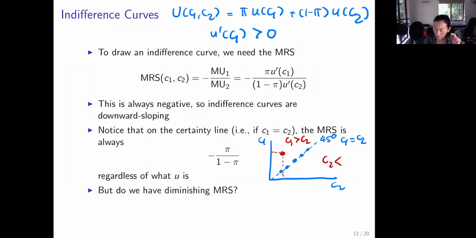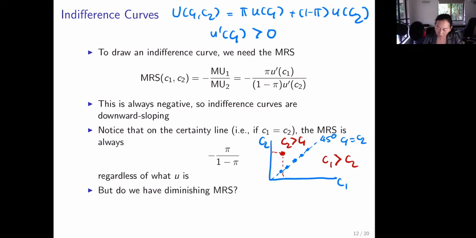No, sorry, C1 is smaller than C2. Oh, why would I put C1, C2 like that? It should be this. Don't make this mistake I made. C1 should be on the horizontal axis and C2 on the vertical axis. Then now this C2 will be greater than C1, yeah. And now this C1 would be greater than C2, okay?